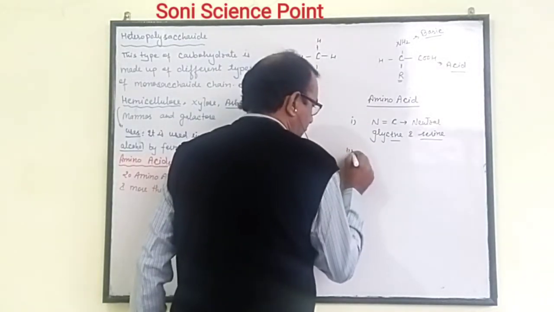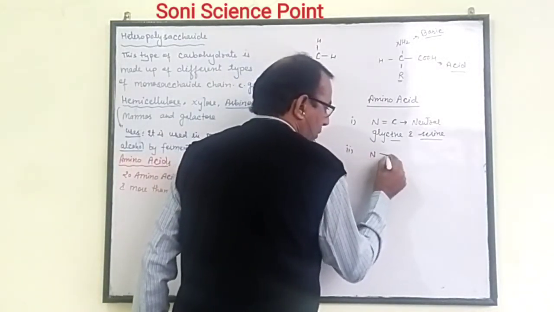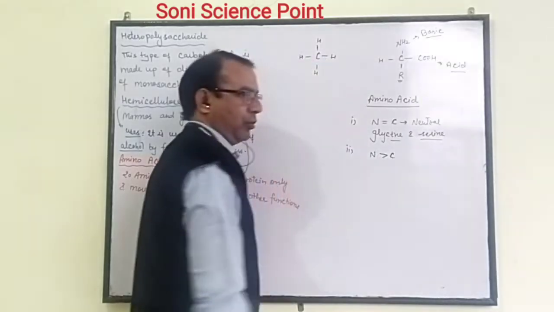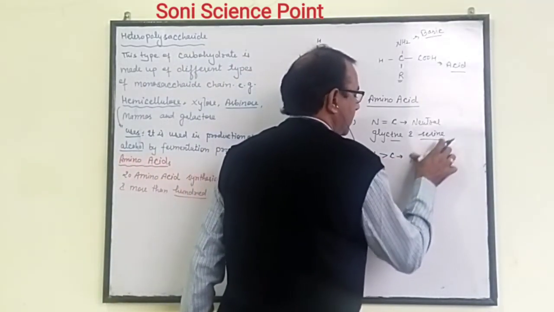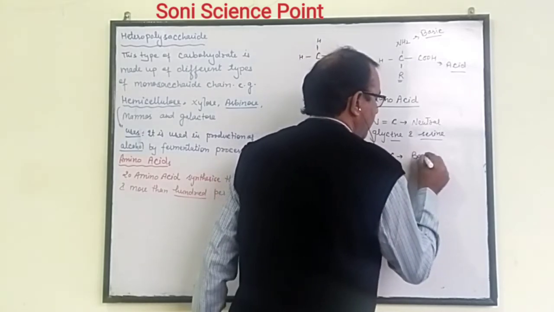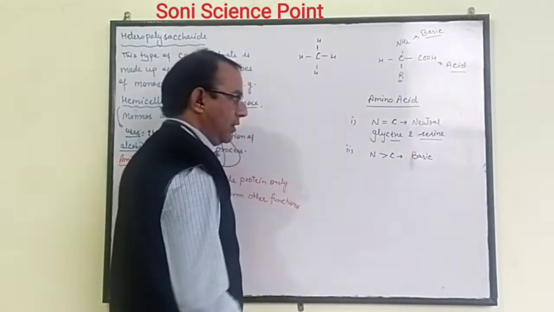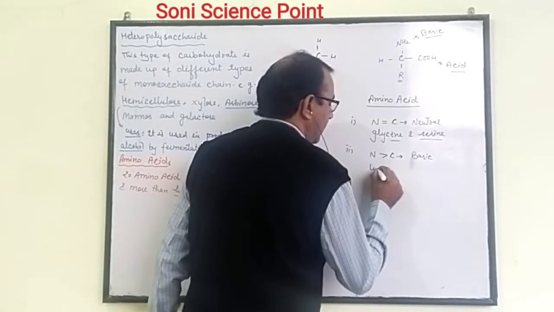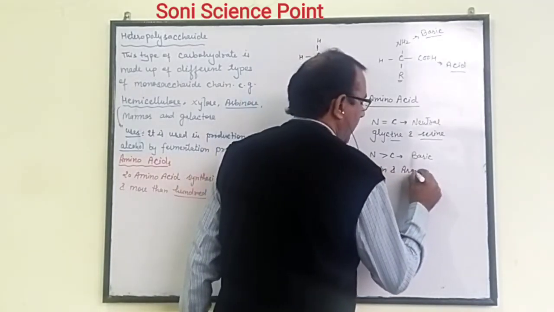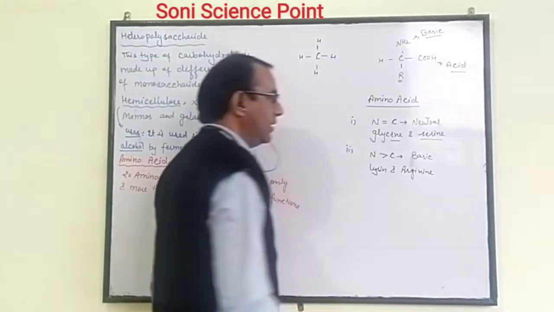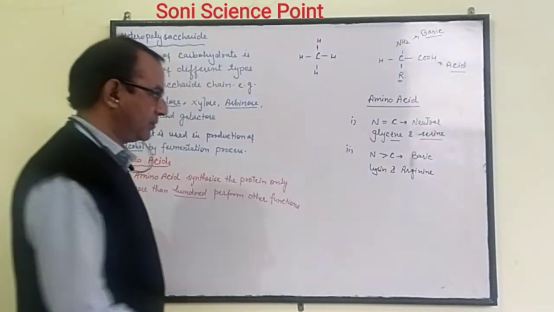One more type: if the number of amino groups is higher than the number of carboxylic groups, then this type of amino acid is basic in nature. For example, lysine and arginine, these are the basic amino acids.